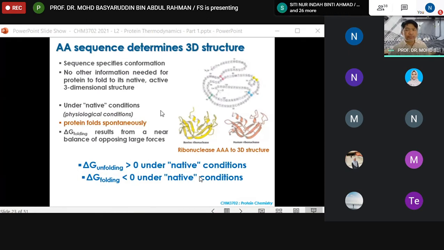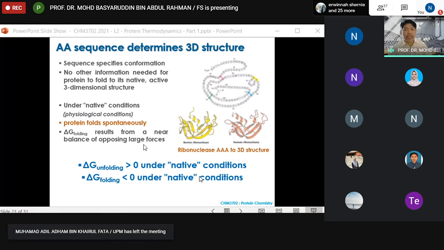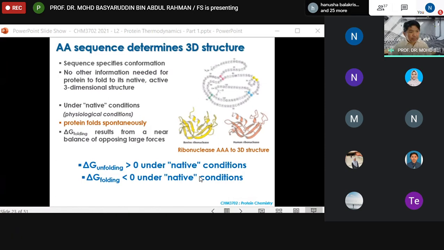Now, our discussion is about thermodynamics, so that's why I have to shift to delta G. Delta G of folding results from a near balance of opposing large forces. It sounds creepy a bit. What is that? Let's have a look.